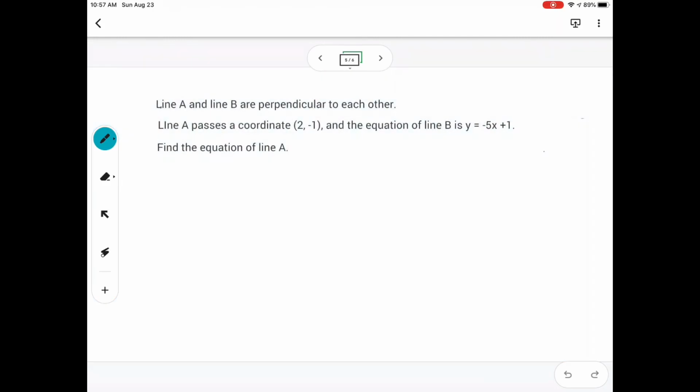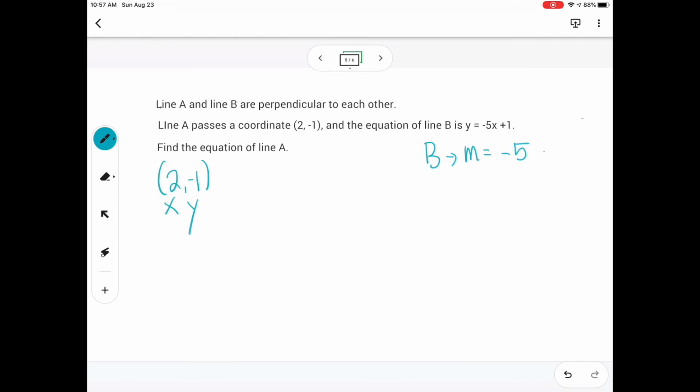Example for perpendicular lines. Line A and line B are perpendicular to each other. Line A passes through the coordinate (2, -1), so that's the x and y that line A passes through. And the equation for line B, which is perpendicular to line A, is y = -5x + 1. So the m for B is -5.